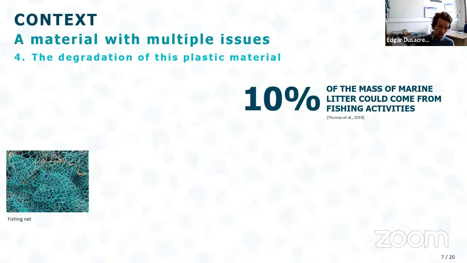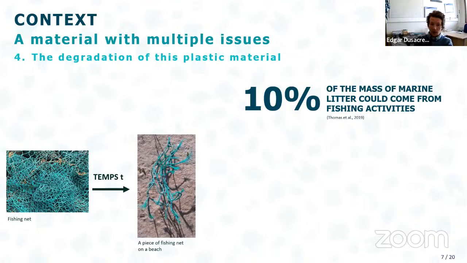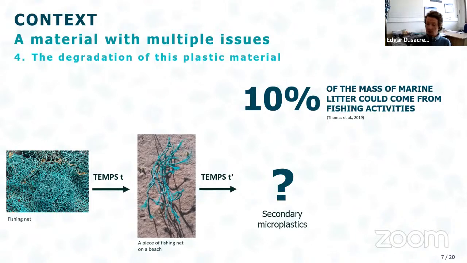So we know that fishing nets can be degraded. It produces little pieces of fishing net, and we can find them on the coastline and beaches during cleanups. But we don't really know about secondary microplastics. Yes, we talk here about secondary microplastics because they come from the degradation of an already existing plastic present in the ocean.